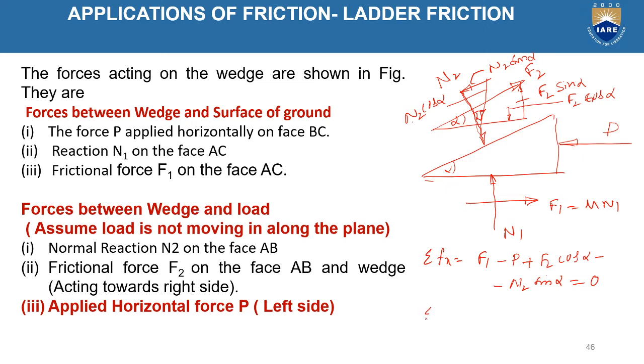Similarly, the forces sigma Fy is equal to N1 acting in the upward direction positive, minus the frictional force F2 sin alpha positive, minus N2 cos alpha, it should be equal to 0.